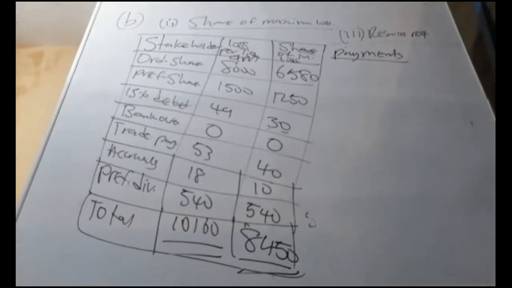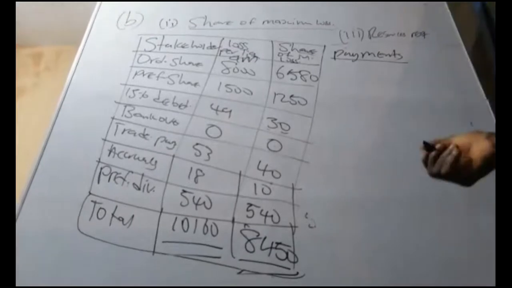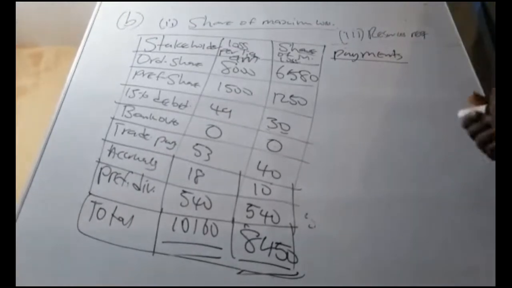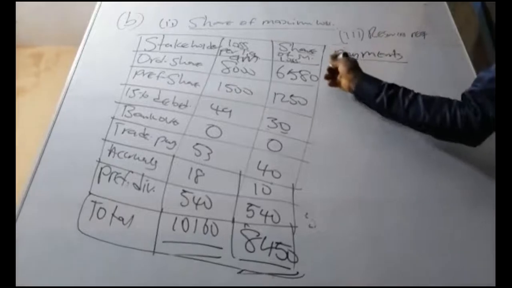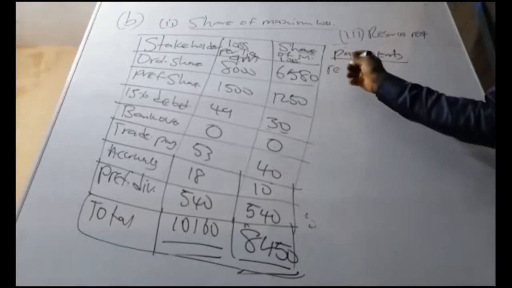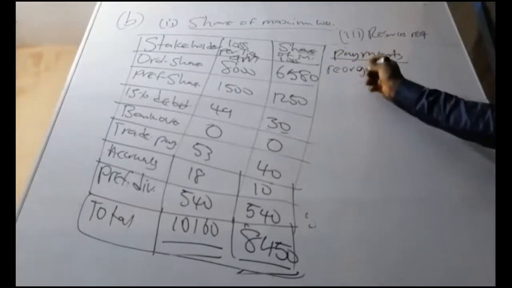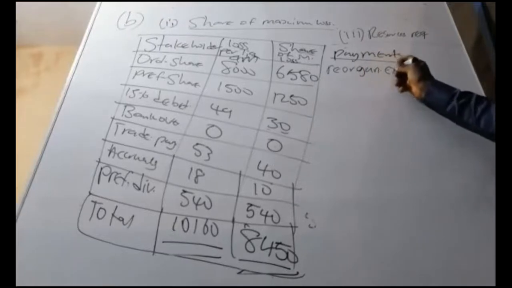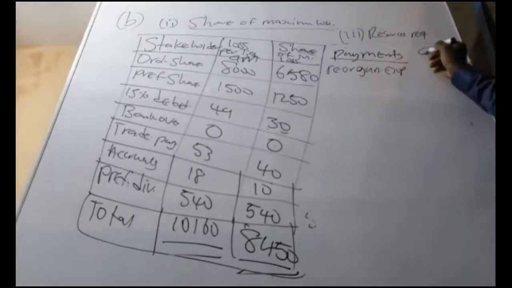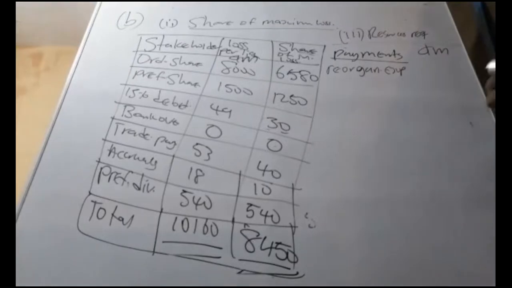What do I mean by compulsory payments? Example, one, the reconstruction expenses, reorganization expenses. You cannot dodge it. It's in millions. What's the figure? It is 30 million.